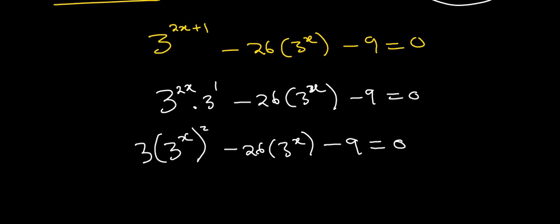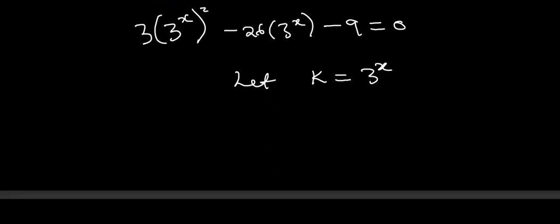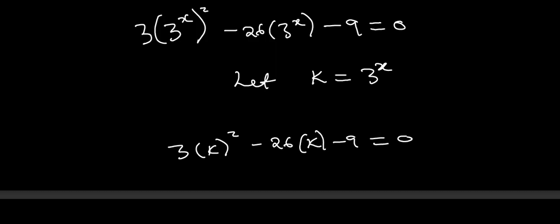The weird thing is 3 to the power x, so we'll let it be equal to k. So we're going to say k is equal to 3 to the power x. So this is going to be 3k squared, then minus 26k, and minus 9 is equal to 0.